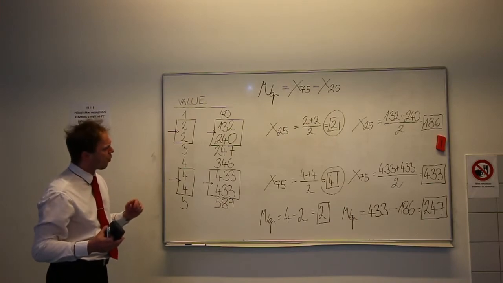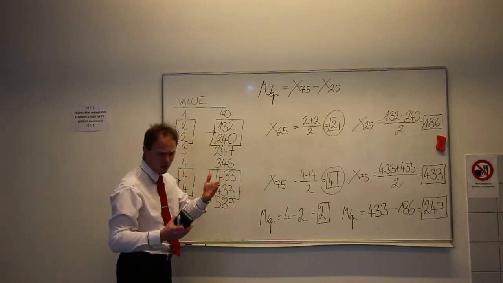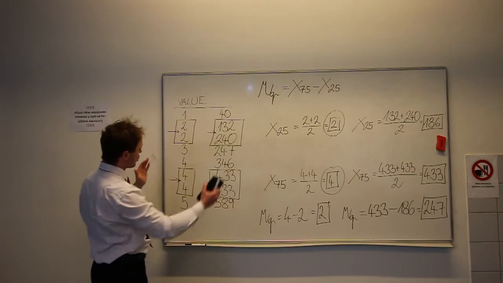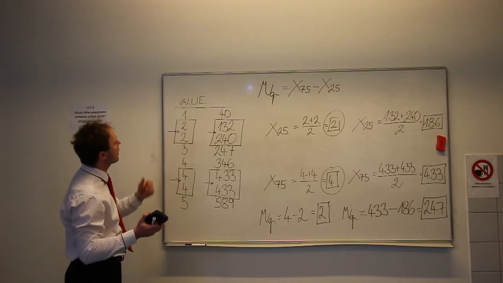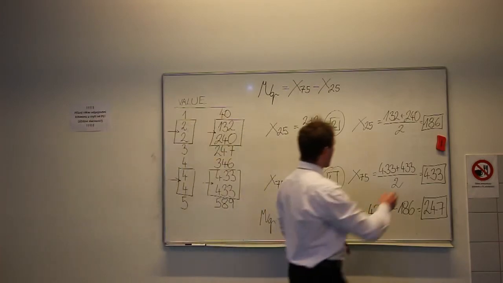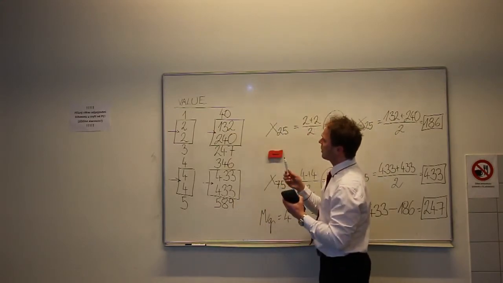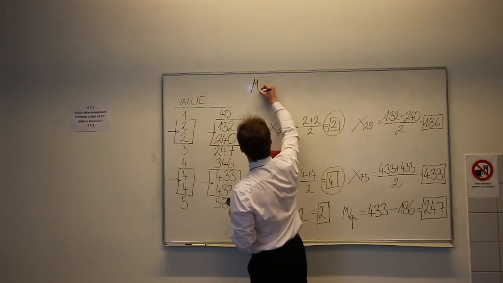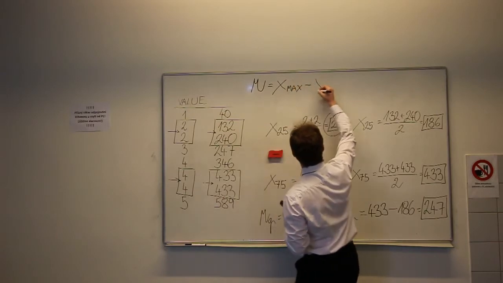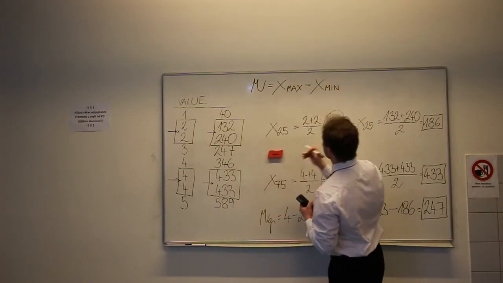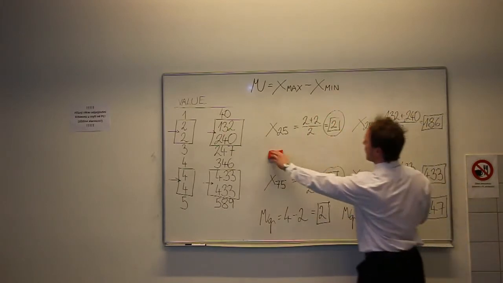In your formulas, you also have one formula for the range, and this is the classical range, which is calculated very easily as the difference between the maximum and minimum value. So we will calculate this classical range, x max minus x min, in a sorted statistical sample.